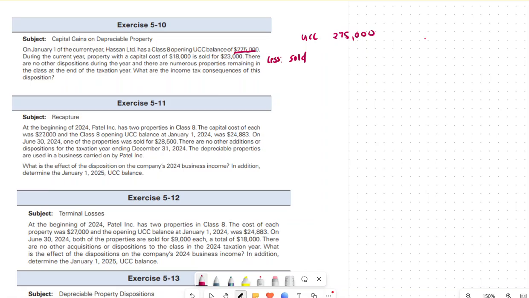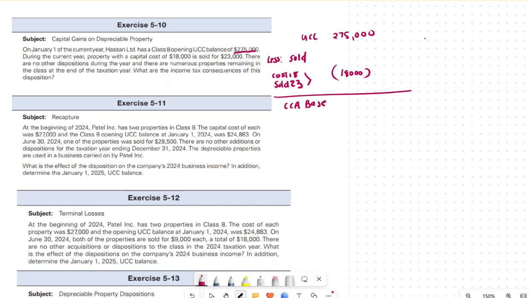When we look at the less, the cost was 18,000 and we sold it for 23,000. We take the lower of the cost and the proceeds of disposition. So we take the lower amount when you sell it. In this case, it'll be 18,000, and that will be your CCA base.